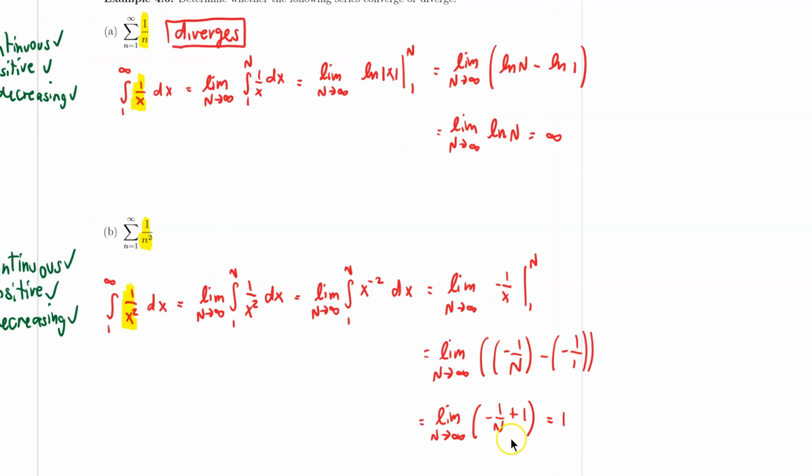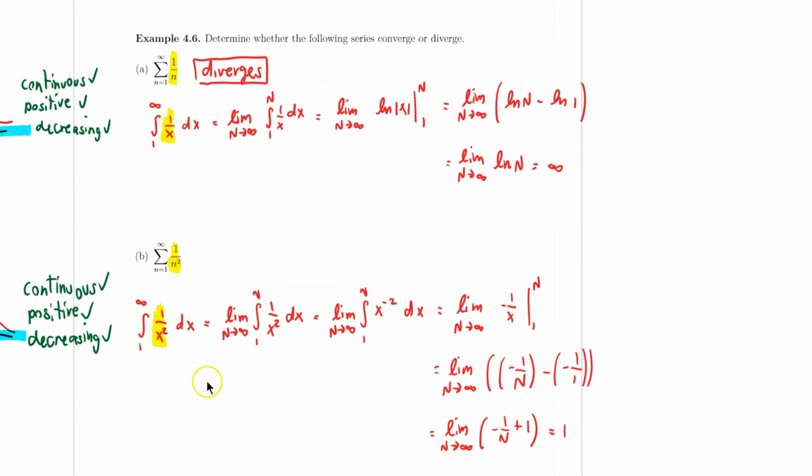When the integral converges, that means the series itself also has to converge. And this makes sense because the series 1 over n squared is just the p series when p equals 2. We have seen earlier that this is going to converge.